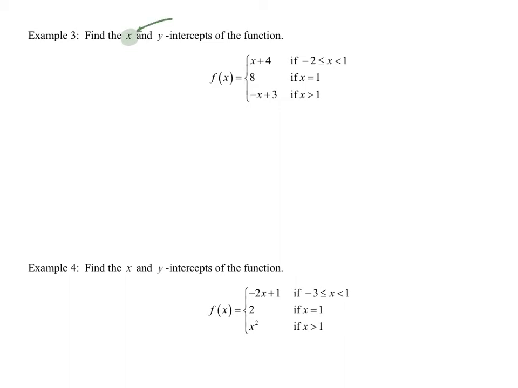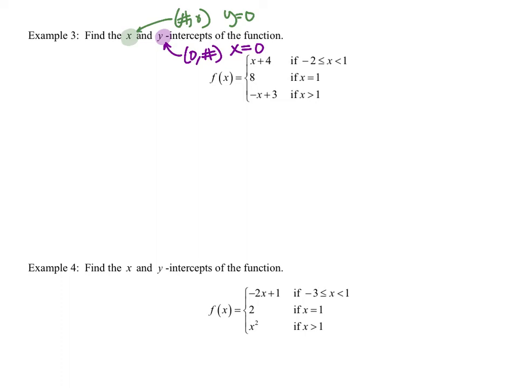Every x-intercept is partnered with a y of 0 because it's going to be a number comma 0, which means we can set y equal to 0 and then solve for x to find the x-intercepts. And with y-intercepts, we know that these are always 0 comma some number, which means we can plug in x equal to 0 and find the y-intercepts.